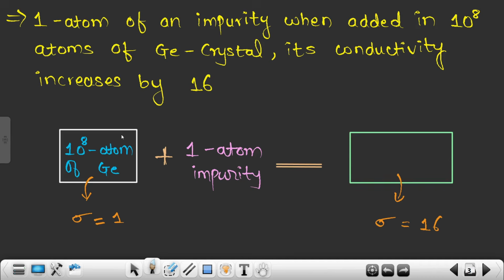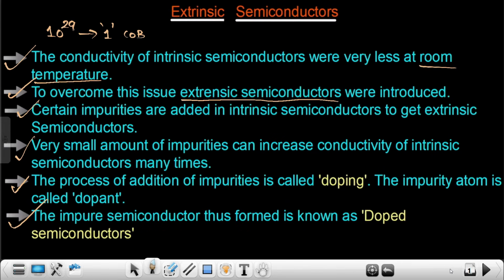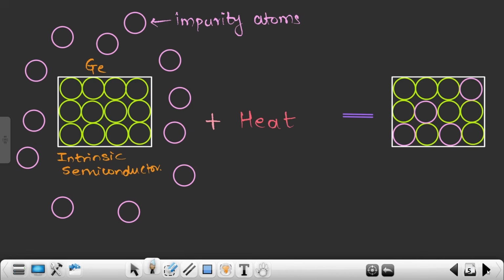So at room temperature as well we can operate various devices, which we were not able to do with intrinsic semiconductors. We can easily do this at low temperature or even at room temperature with extrinsic semiconductor, as its conductivity is very, very high.